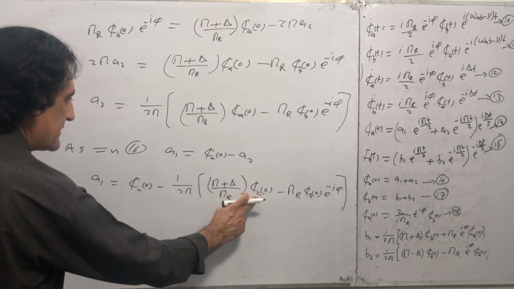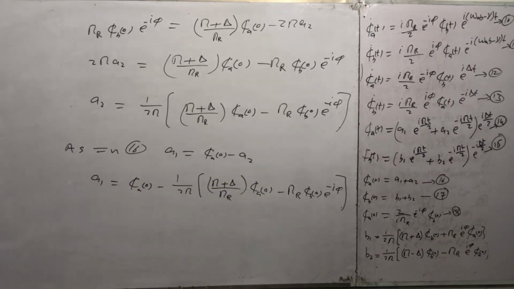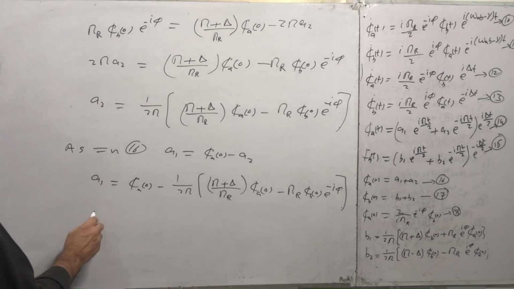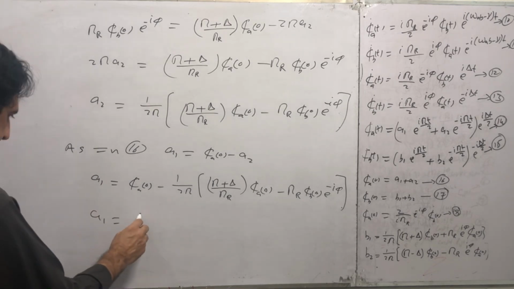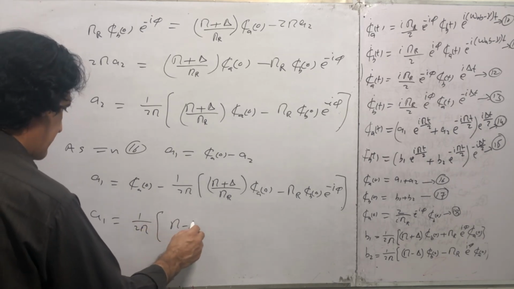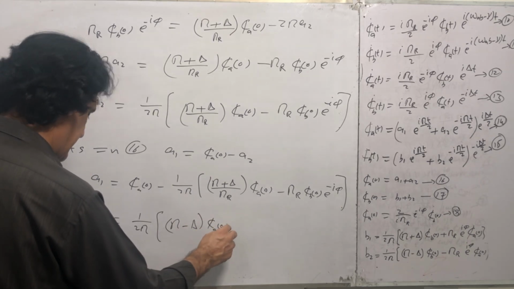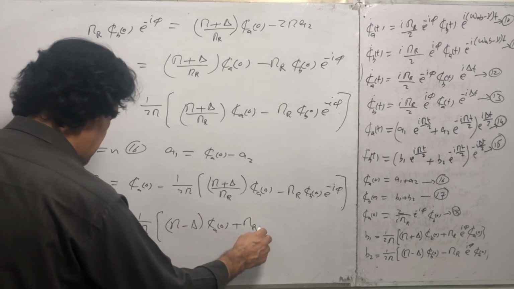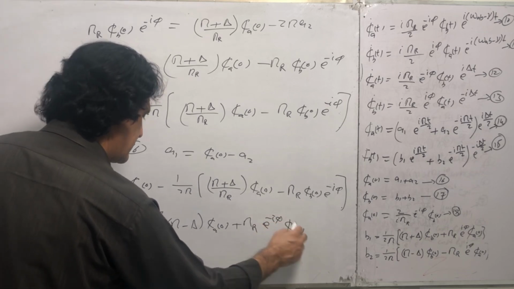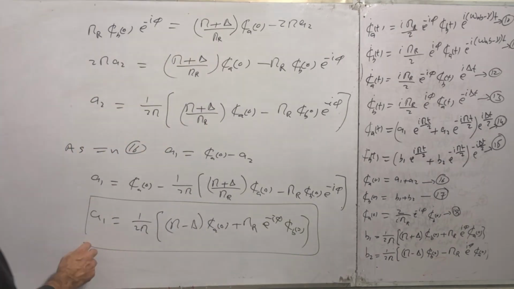We must take CA of 0 common from these two terms, and after some steps I can find 2 omega and omega minus delta CA of 0 plus omega r e to the power minus iota phi CB of 0. So this is the value of A1.